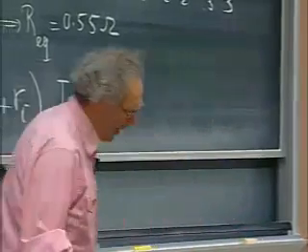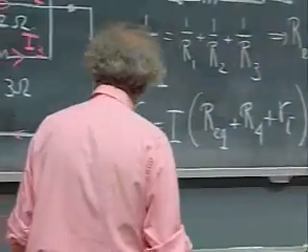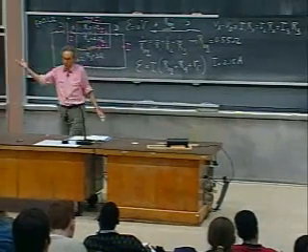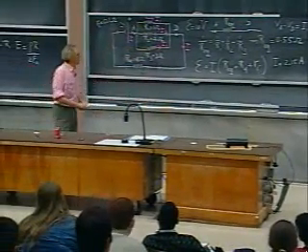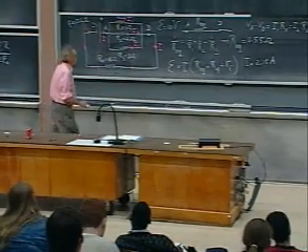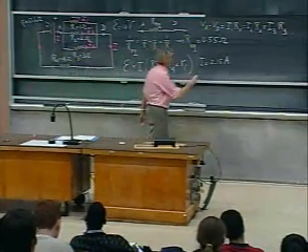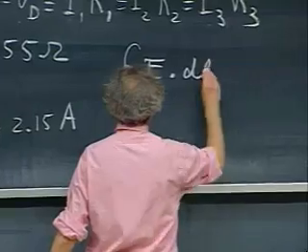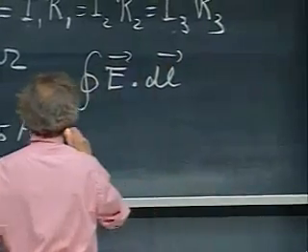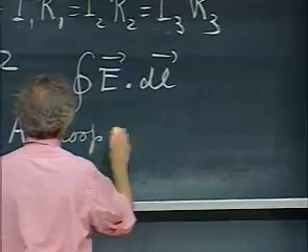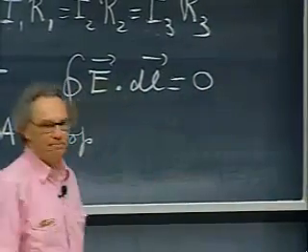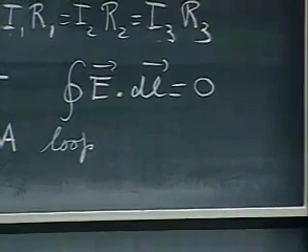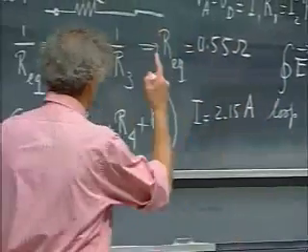And now I'm going to apply Kirchhoff's first rule in order to find I2. I could have found I1, but I just decided on I2. Kirchhoff's first rule says that the closed loop integral of E dot dl, this now is a closed loop, is 0. In the future, you will see situations that it's not 0. Here, it's 0.